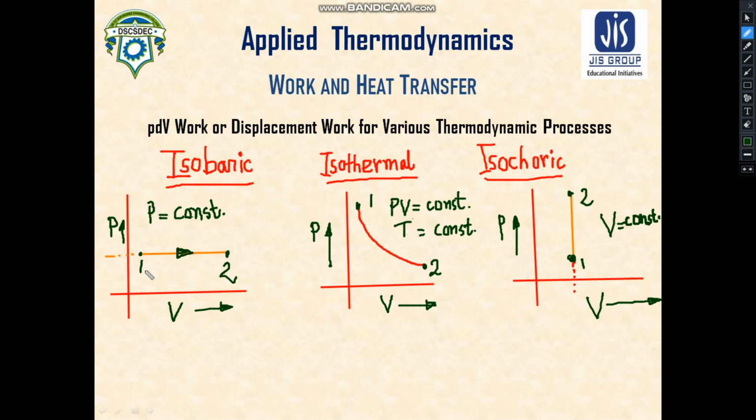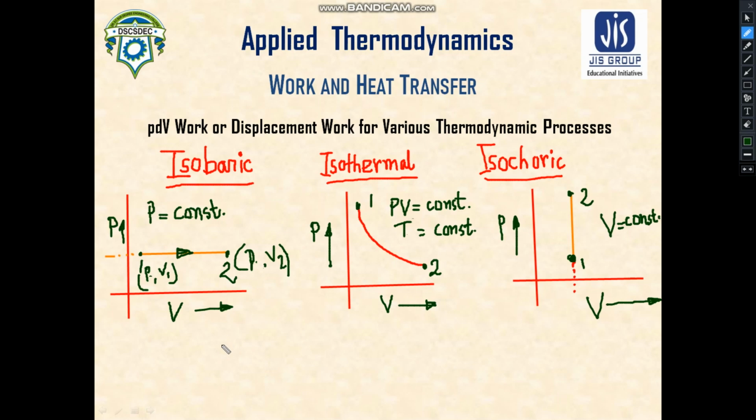In the first case, the state was P1 V1. In the second case, it became P2 V2. As the pressure is constant, we don't need to write P1 or P2; we can only write P. That will be sufficient. So a constant pressure is maintained throughout.